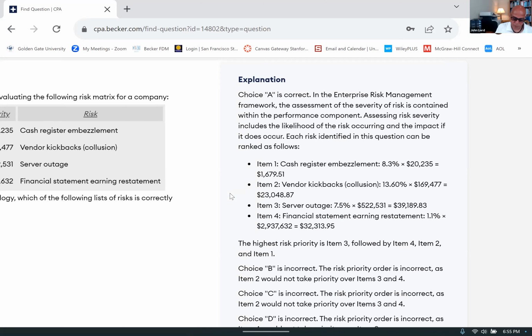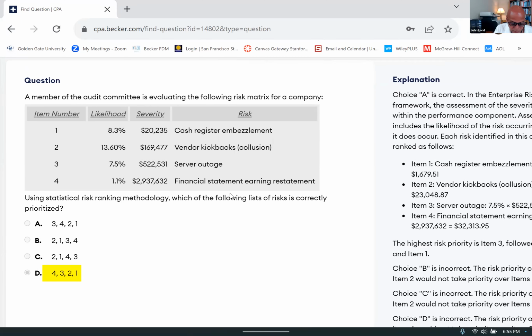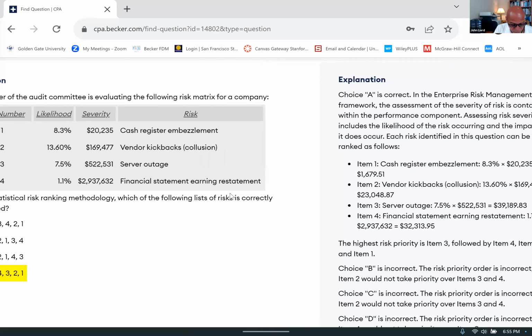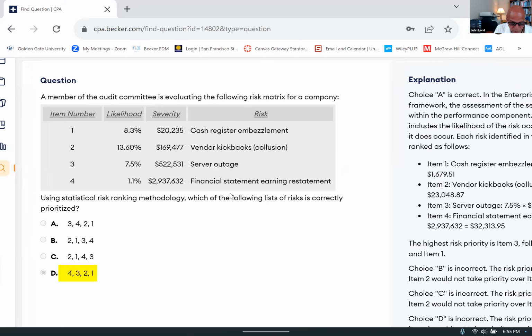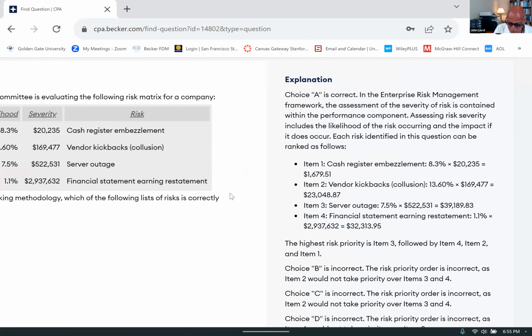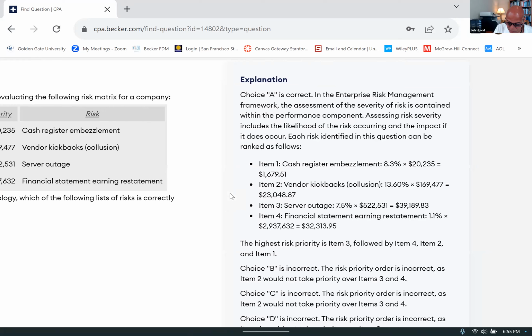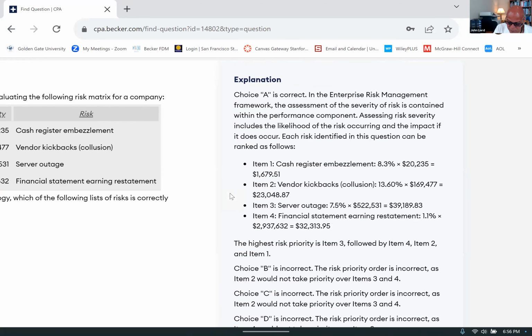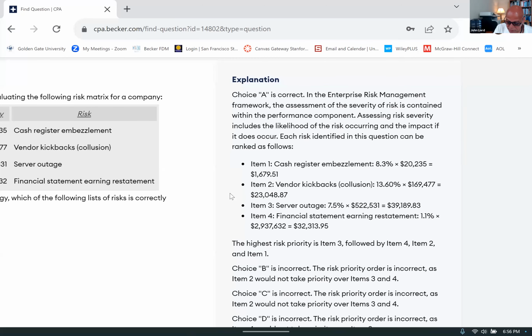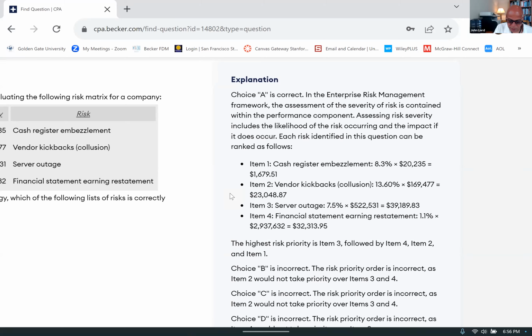The second one would be the number one problem, I guess the 169,000. I'm doing a very good job presenting this. The 169,477 times the 13.6% created the largest expected value. So that's why B was correct.